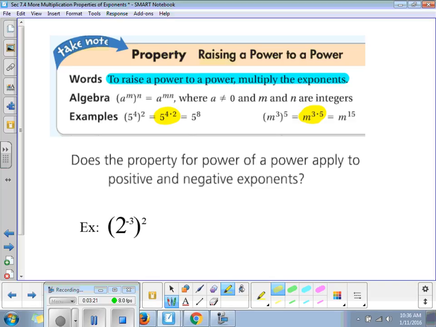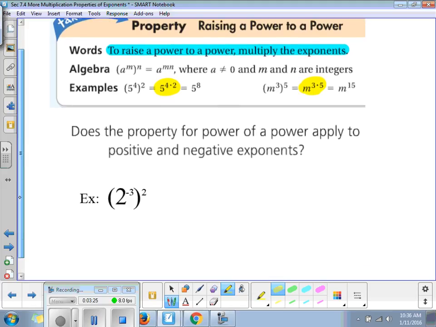Okay? So, question here: does the property for a power of a power apply to a positive and negative exponent? You think it applies to both of them? Yeah, because look, if I expand this out, this is going to be 2 to the negative 3 twice, right?